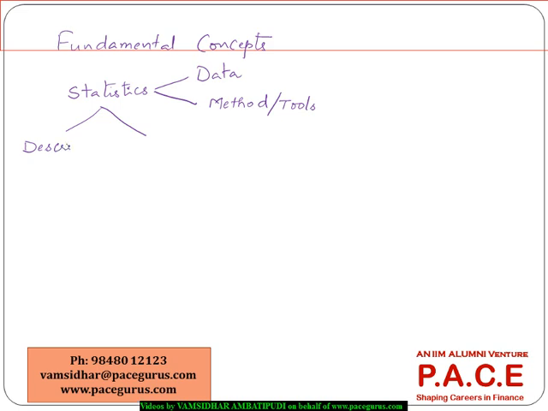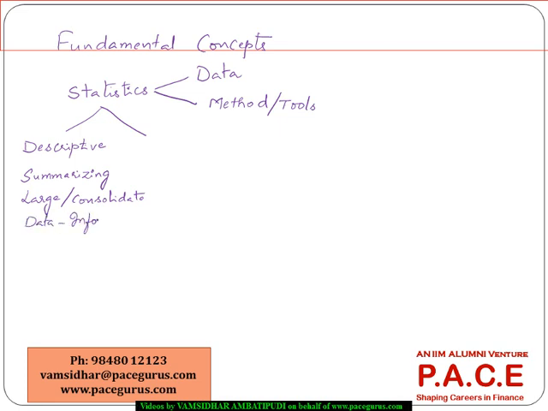One is the descriptive statistics, where we talk about summarizing the data properly. So, some kind of representation, graphing, charts, summarizing of the data, wherein even if I have large sets of data, I can very well summarize or consolidate that data so that I can convert that data into useful information.